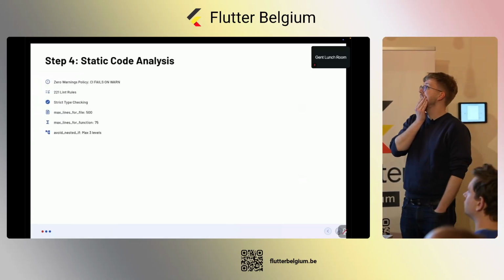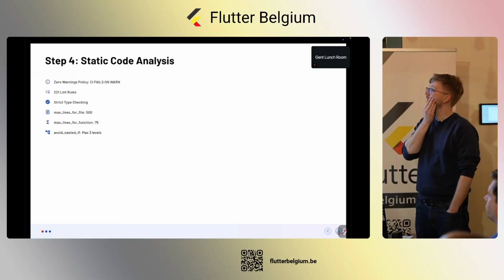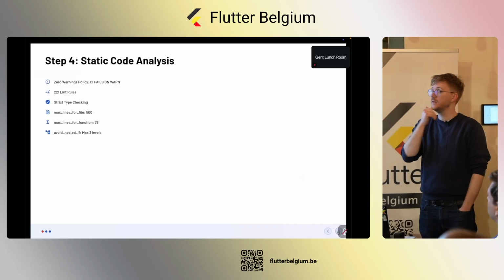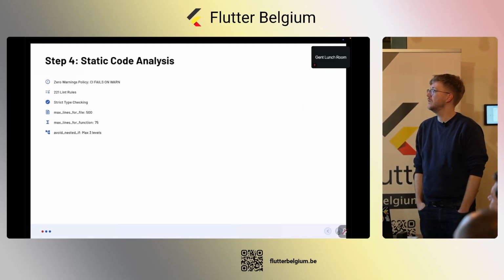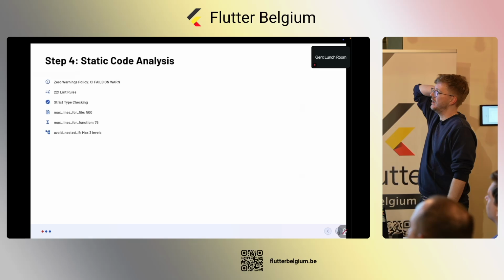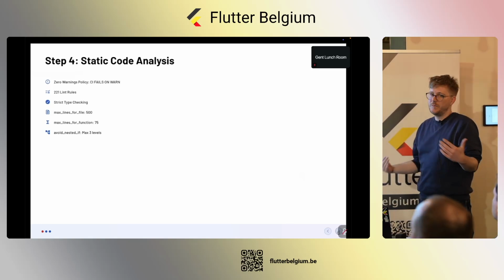Next step, the static code analysis. Use your linters. We use the standard Flutter analyze, but we also use custom lint. For us, there's things like we enforce the maximum amount of lines per file, just because we know if you go over that, probably you're doing too much.